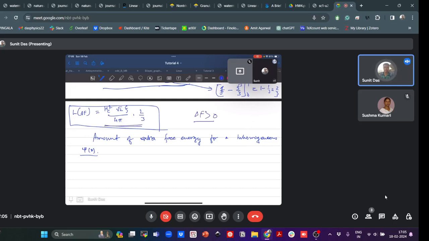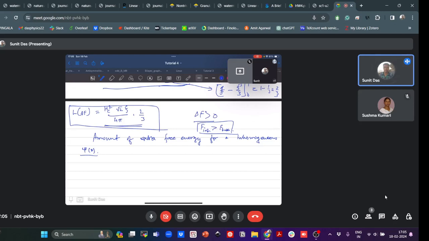Here all are positive numbers. That means F inhomogeneous is greater than F homogeneous. That's what it tells. So in the inhomogeneous case, we have more free energy, or basically free energy has increased.